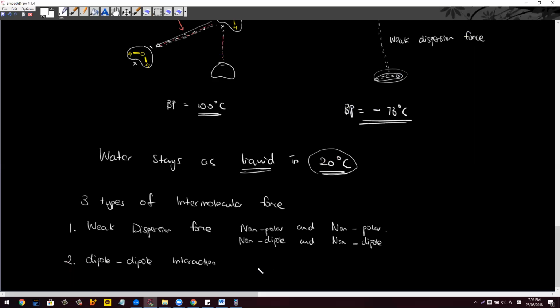This one is between a dipole, which is one side plus and one side negative, and another dipole. You have another dipole, this is plus and minus, and there's going to be some attraction between those two, right? So this is known as dipole-dipole interaction. And then the third one is known as hydrogen bond.